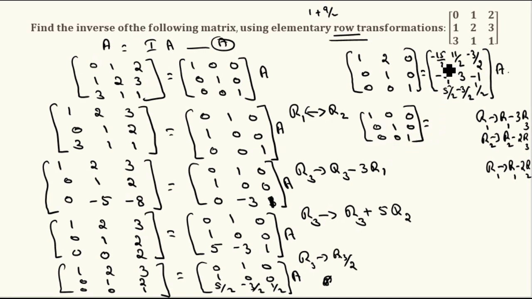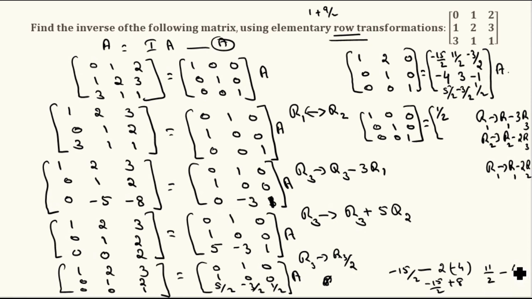Now the right side, you see. This minus 15 by 2 minus 2 times R2. So 2 times R2, that is minus 4. So minus 15 by 2 plus 8. 8 into 2, 16. 16 minus 15, 1 by 2. So this is 1 by 2. Then 11 by 2 minus 6.